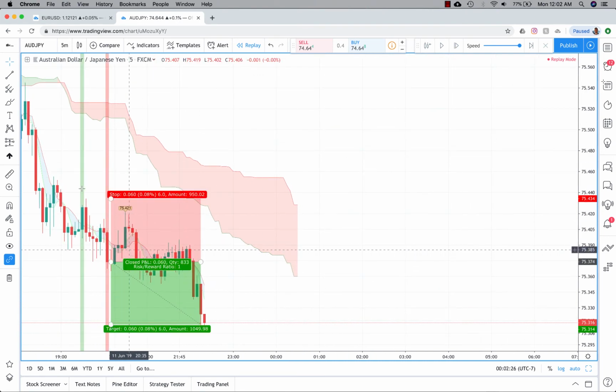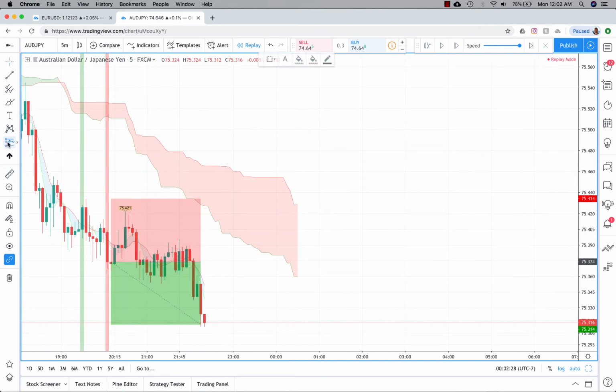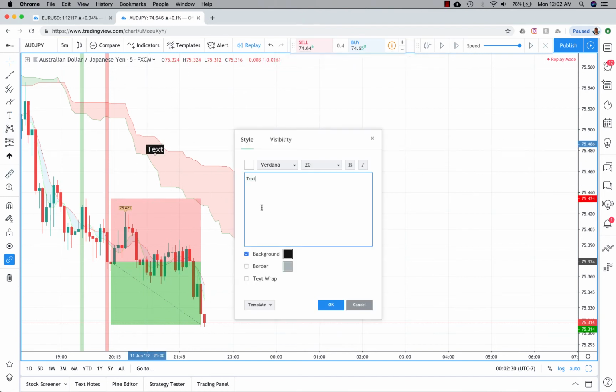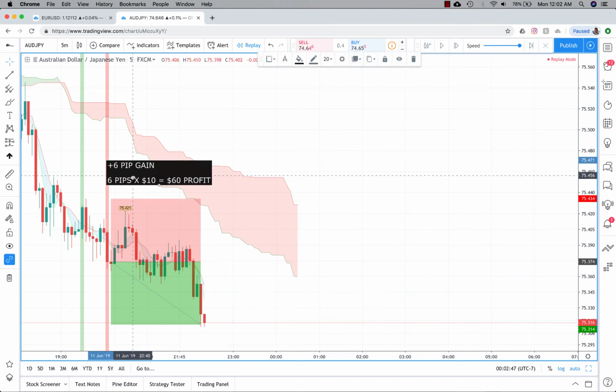So how much is that? 60, so 6 pips. Yeah, so I'm just gonna break it down for you guys that don't know how to calculate it. So 6 pips, a plus 6 pip gain, 6 pips times 10 bucks if you're trading a standard lot equals a $60 profit. I mean, it's not much, but it'll do.